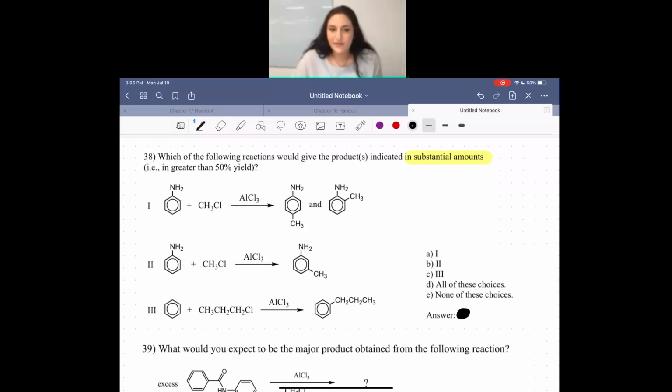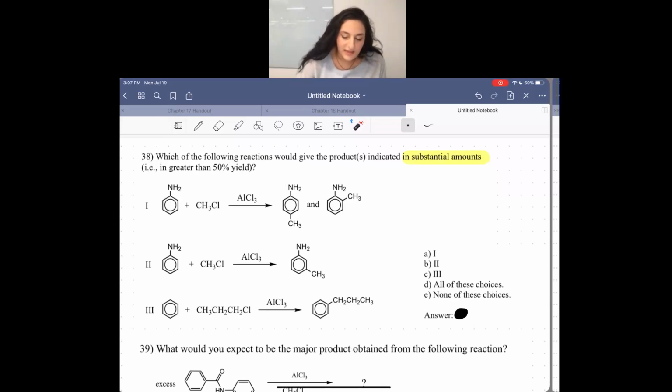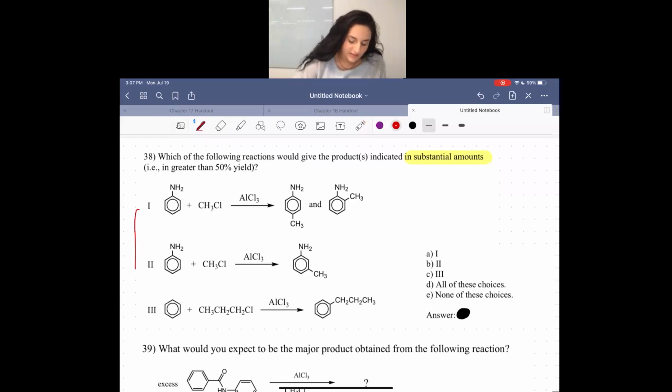And the first thing we have to notice is what kind of reaction each one is. So we have an alkyl halide and AlCl3. So what kind of reaction is that? Friedel-Crafts alkylation, cool. And so all of these are actually Friedel-Crafts, so I'll go like this. Cool.